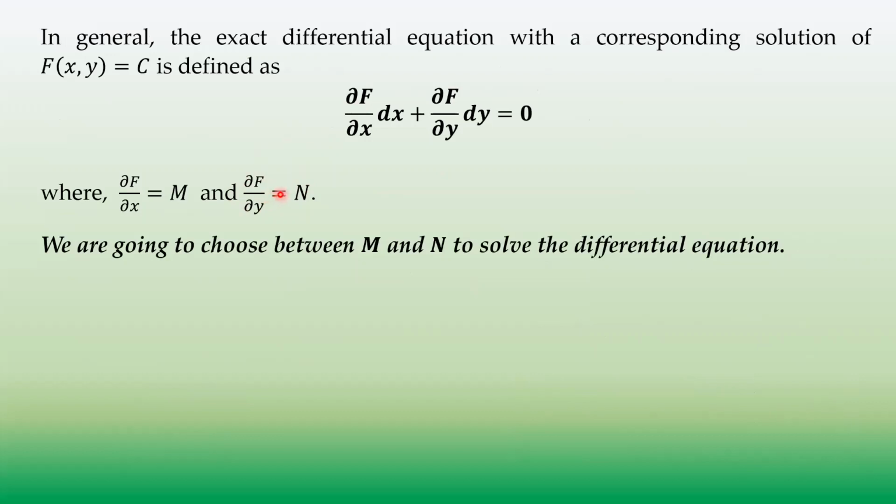Then yun namang m, again, ay partial derivative ng f with respect to x. So again, we're going to choose between m and n. Nung una, ang pinili natin ay m. So now, we're going to choose n. Doon tayo muna sa n.